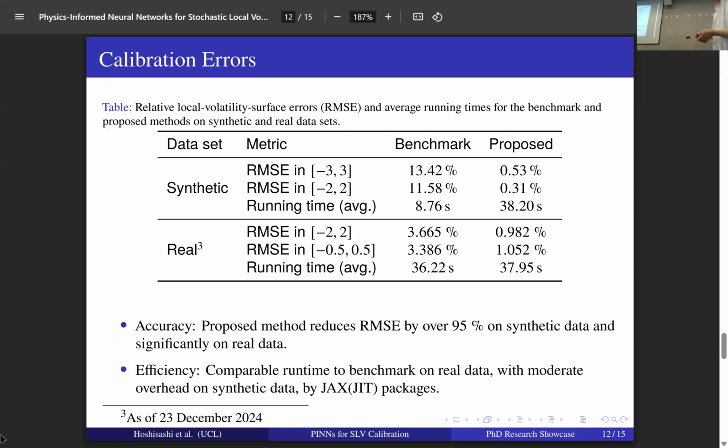For computational efficiency, our proposed method has a runtime comparable to the benchmark. So overall, it's promising to use the artificial neural network approach for SLV model calibration.